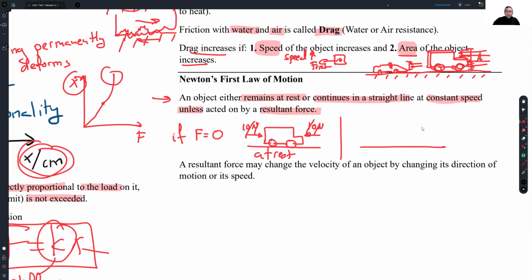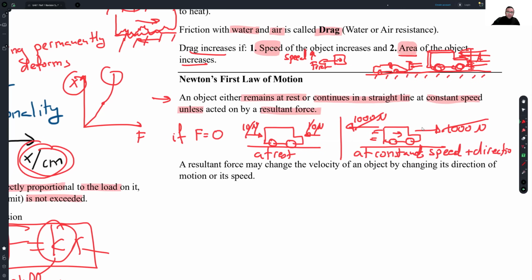But if the car has already accelerated and it's already moving pretty fast, if the driving force of the car is 1,000 newtons and air resistance eventually increases to also become 1,000 newtons, these two forces cancel out and the car continues to move at a constant speed and direction, so constant velocity.